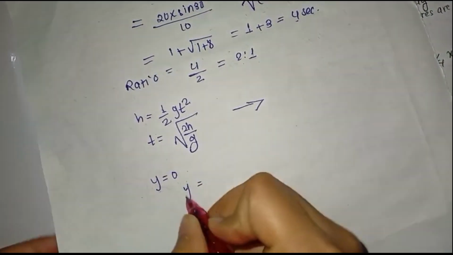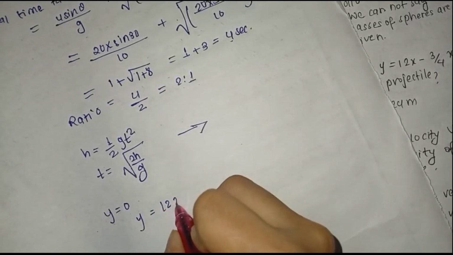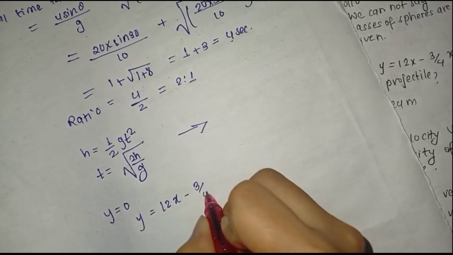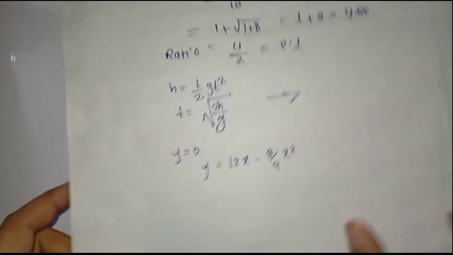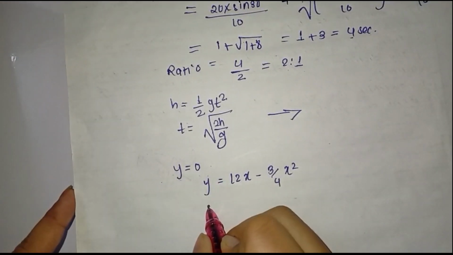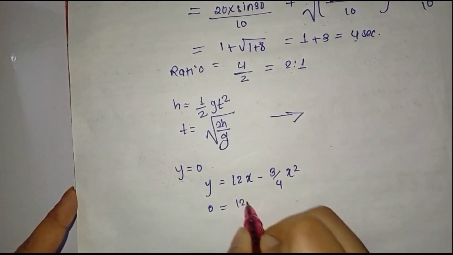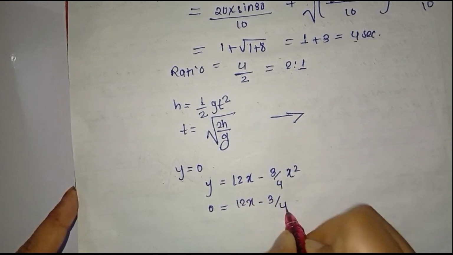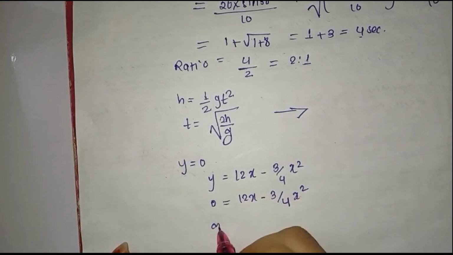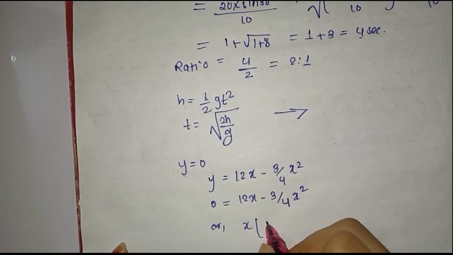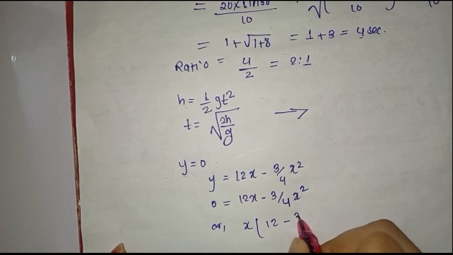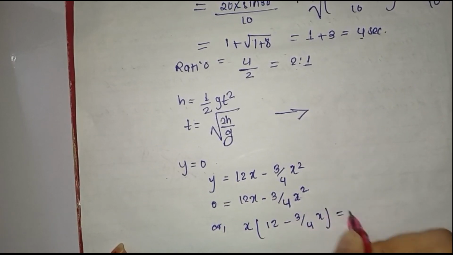equation of motion of projectile, y is equal to 12x minus 3 upon 4 x square. So, we will put here 0, 3 upon 4 x square, or x common, 12 minus 3 upon 4 x is equal to 0.